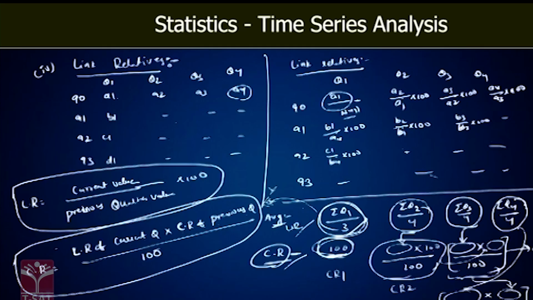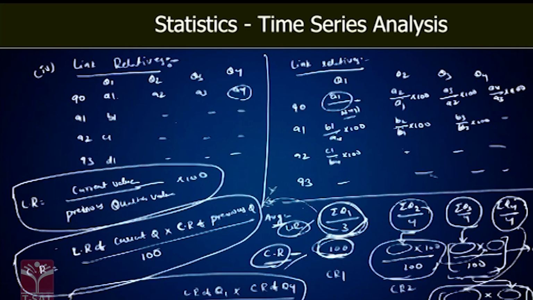New CR of Q1 will be equal to the link relative of Q1, LR of Q1, into the chain relative of Q4, that is the value we found, CR4, divided by 100. So that is the new chain relative for Q1. Once again, the new chain relative for Q1 is given by the link relative of Q1 into the chain relative of Q4 which we have calculated, divided by 100.